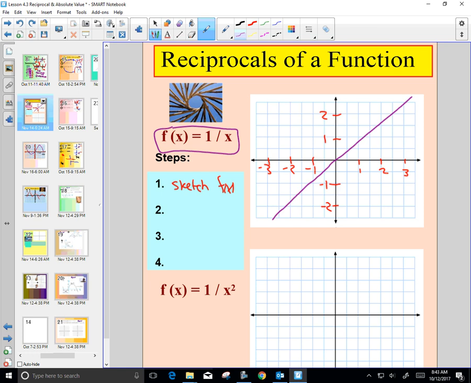Okay? The next thing you're going to do is identify f of x equal to 1, f of x equal to negative 1. You're going to identify those points, and the reason is that we're going to use those points to figure it out.